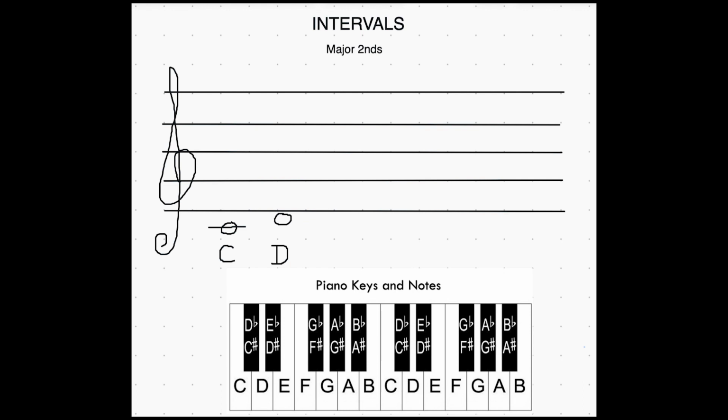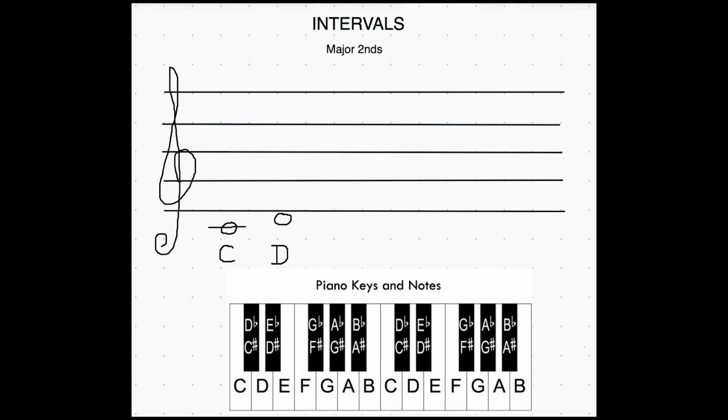Everybody else, though, is a full tone if we're going to the next note. So C to D is a full tone, D to E is a full tone, E to F is a semitone because there's no black note between, F to G is a full tone, G to A is a full tone, A to B is a full tone, B to C, however, is not because we don't have that black note there. So hopefully that makes sense. Semitones and tones. If it doesn't, please let me know at school and we can go through it again.